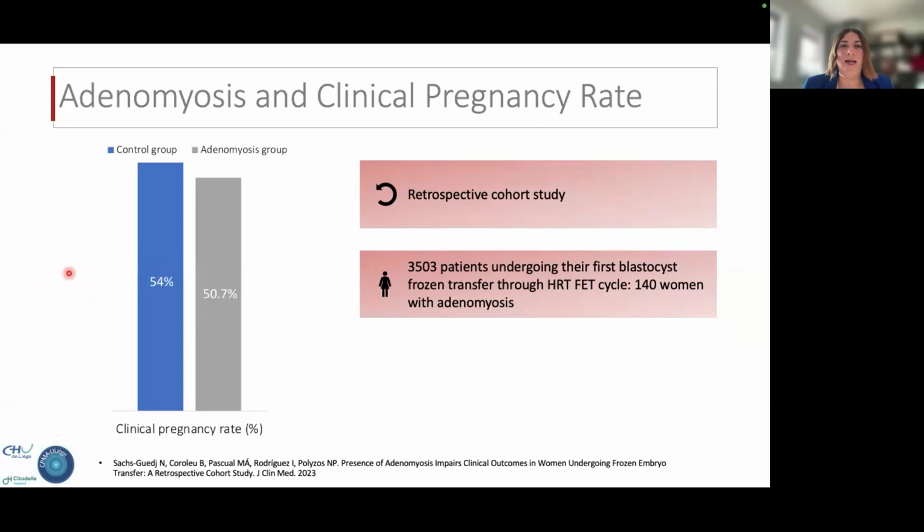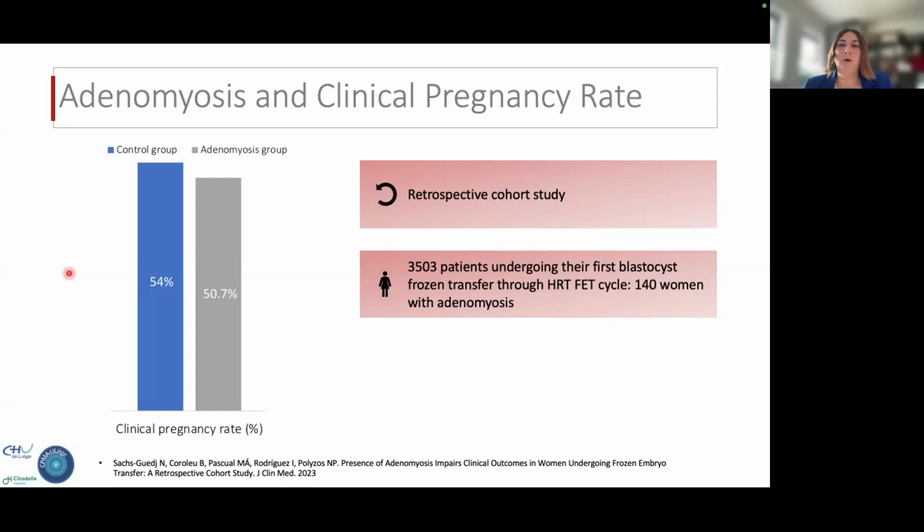The study analyzed more than 3,000 patients undergoing their first blastocyst frozen transfer in a hormonal replacement cycle, including 140 women with adenomyosis diagnosed using solid ultrasonographic MUSA criteria, which is important.